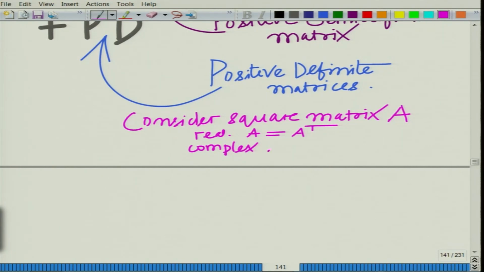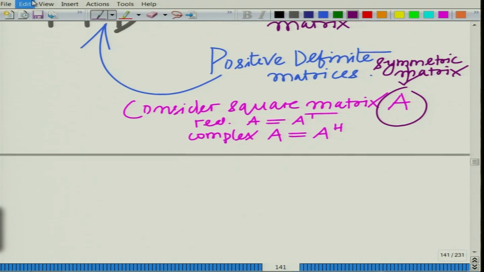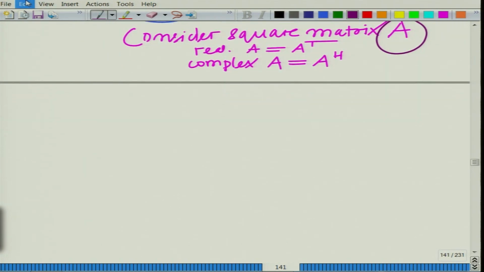For complex, we will have A equal to A Hermitian.